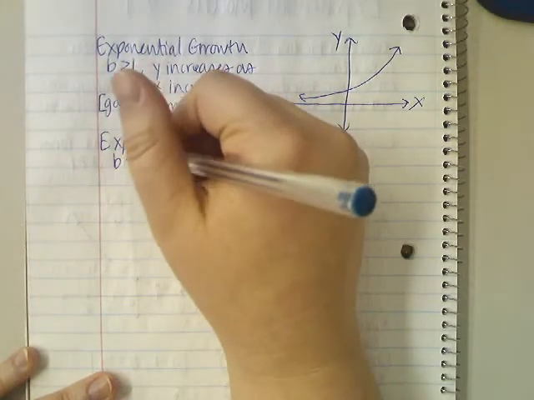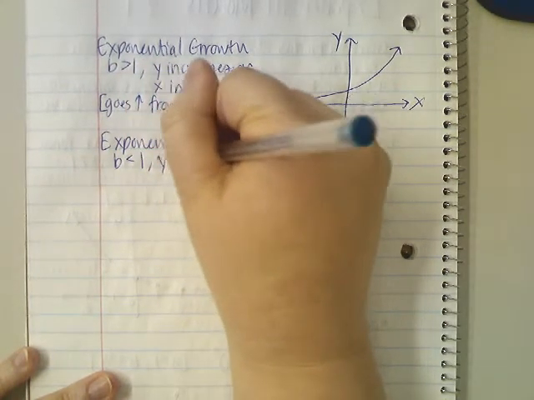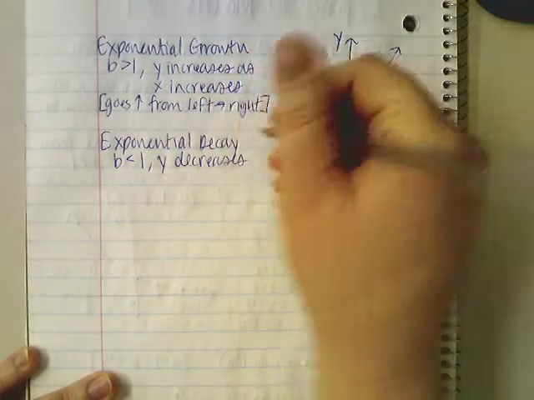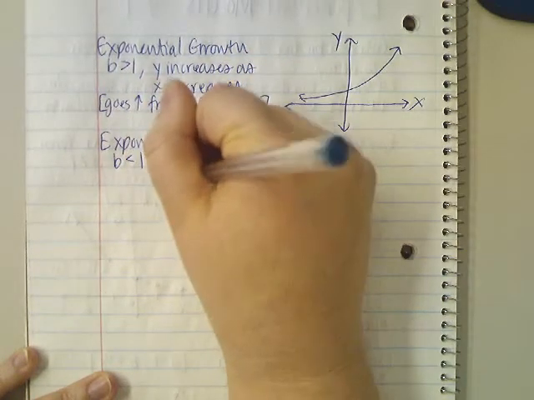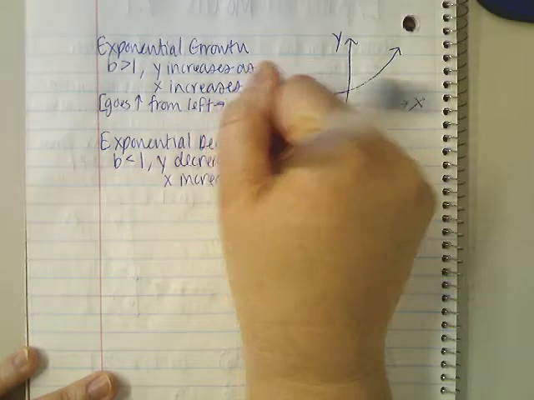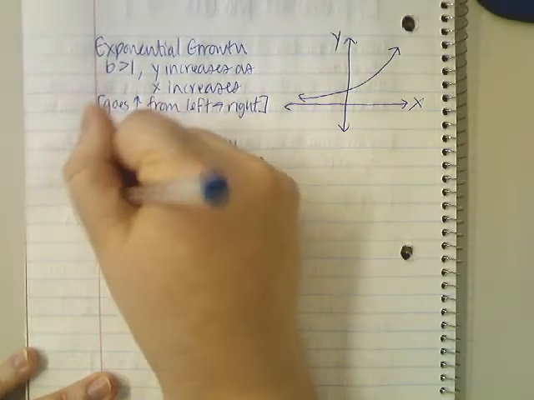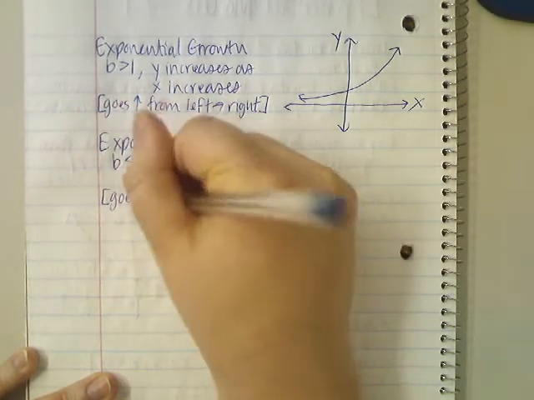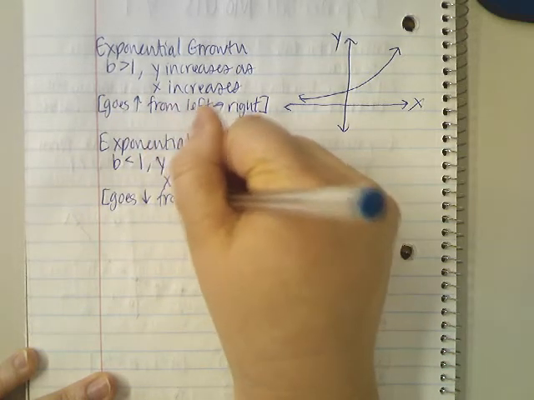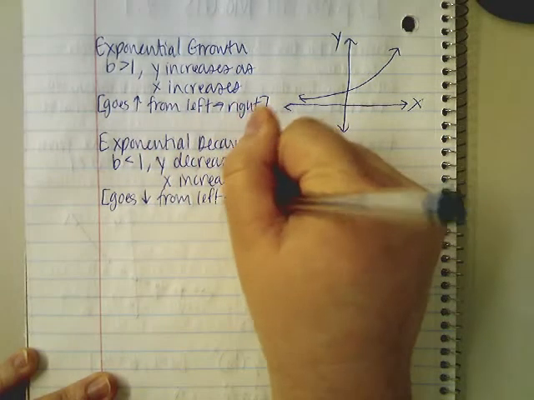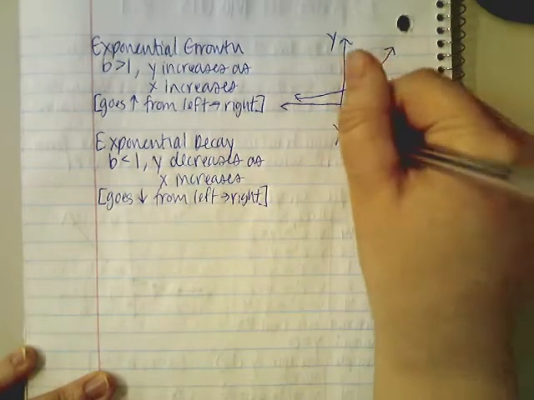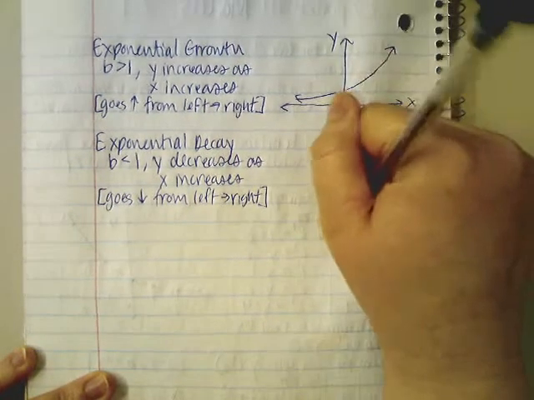And this time, y decreases, or your y values go down as x increases. So again, as I just said, your graph goes down from left to right. So if we do a quick sketch, sorry that got out of the way.